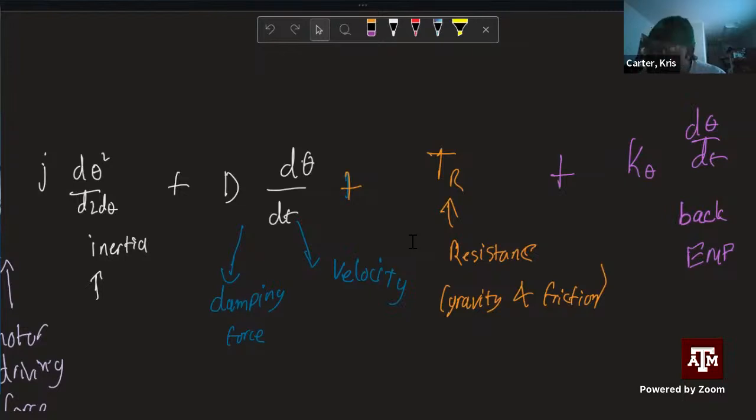And that equals the torque of the motor. You'll get the rotational angle theta out from that.